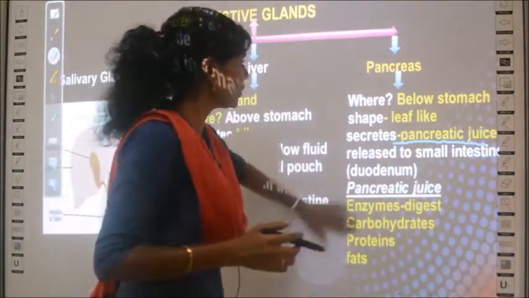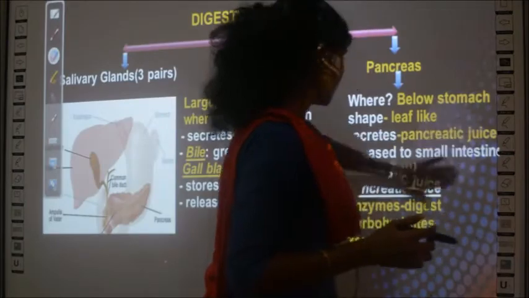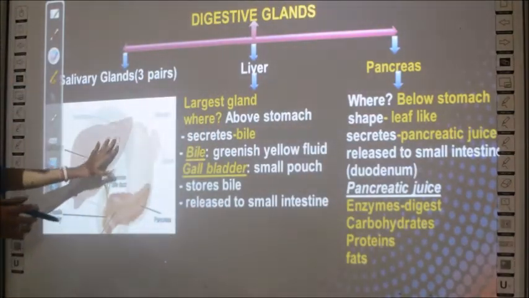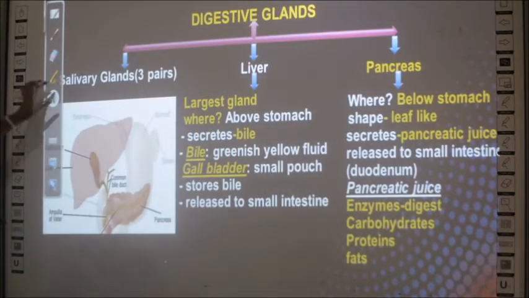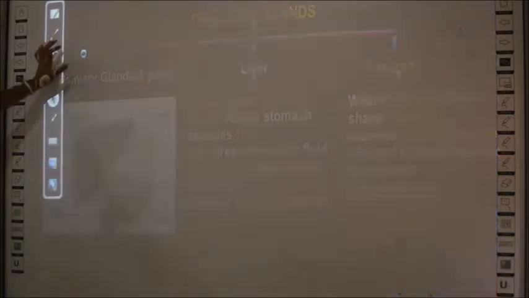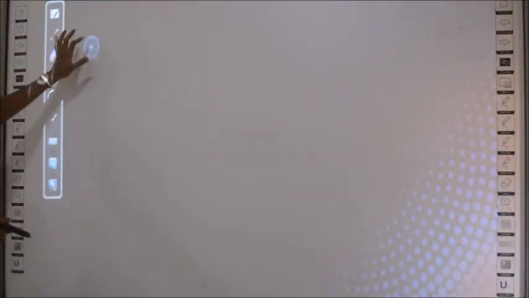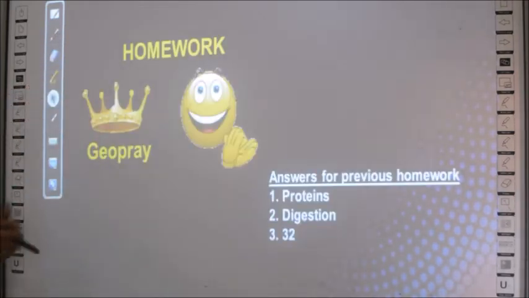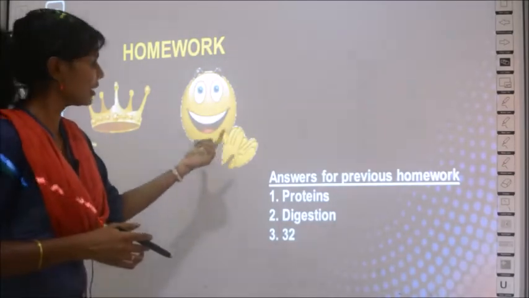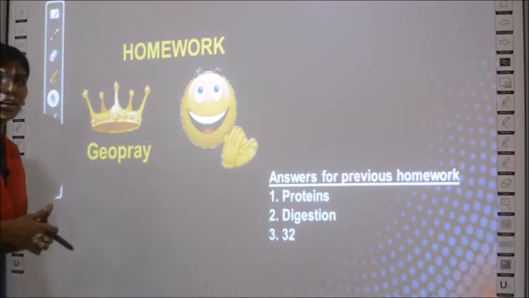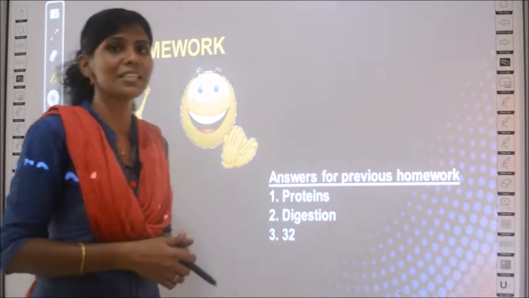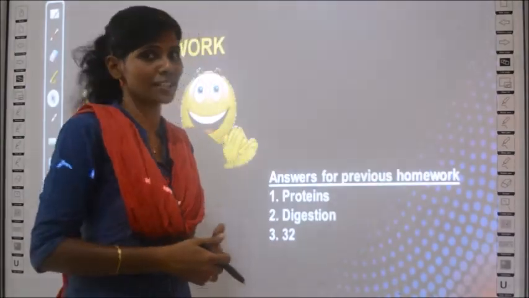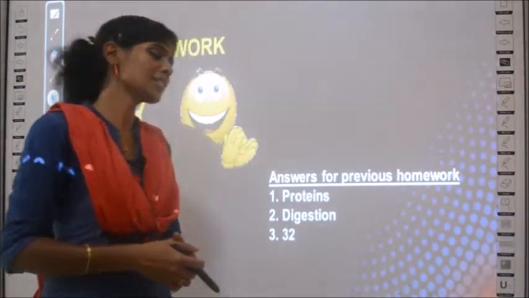So good, many of you are responding to the homework given. You all send it to me. I appreciate that. So keep doing your homework. Okay. What about today's homework? Before that, let me announce the name of the person who first gave me the right answer for the previous zoology class homework.